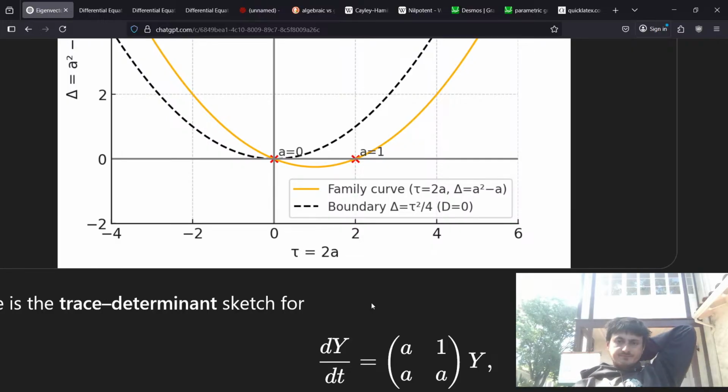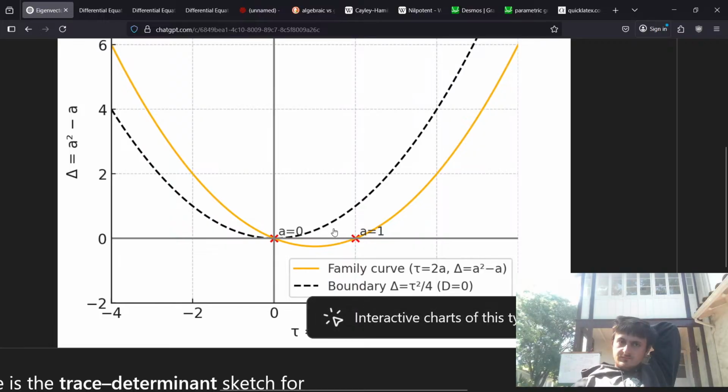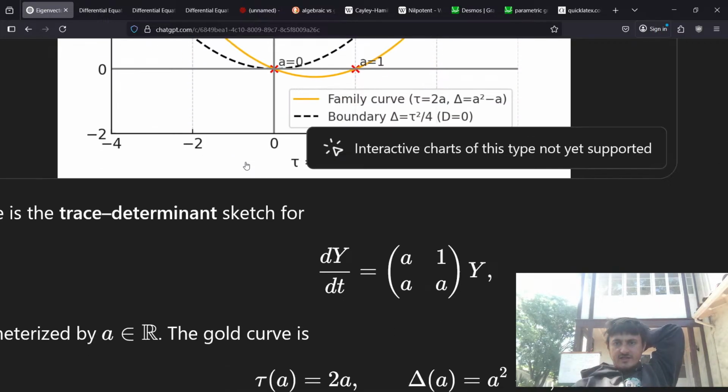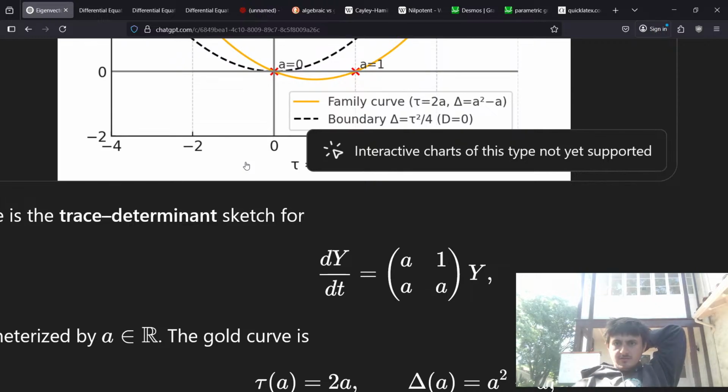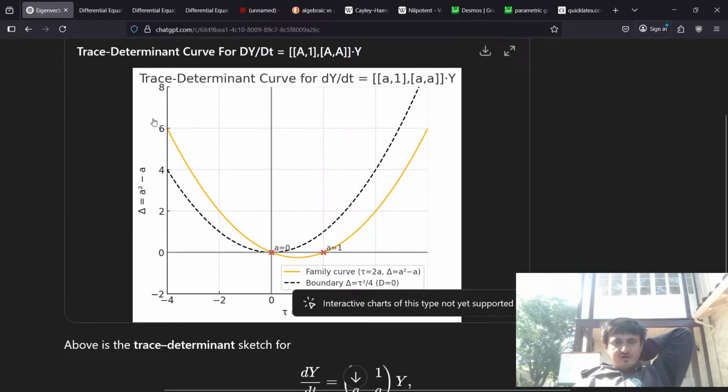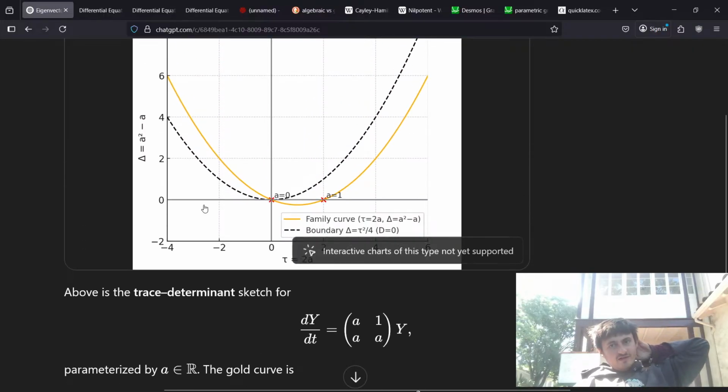Okay. So, what I'm wondering, though, is that... does it cross again? Like, does it cross way out there? I feel like it does.